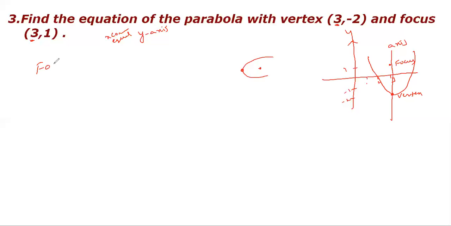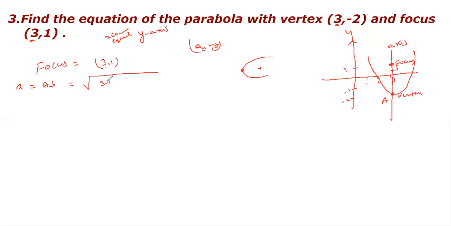Now the focus is 3 comma 1, and the focus is actually of the form a comma something. The focus length is from the point A to S. To get the value of a, I find the distance between A and S. The distance formula is the square root of x2 minus x1 whole square plus y2 minus y1 whole square.